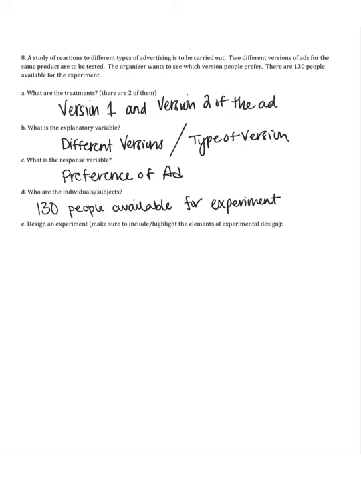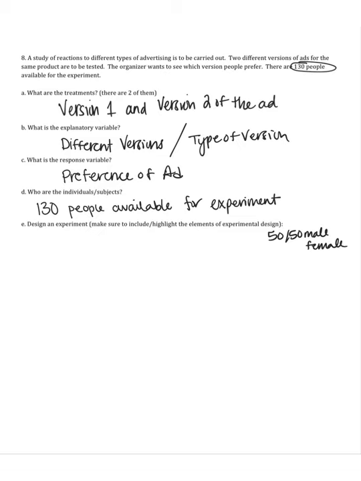And design an experiment, make sure to include and highlight the elements of experimental design. Okay, so answers definitely can vary for this. For purposes of this problem, on your test I would be more specific, but I will let you assume a couple things about this population if you want. You can assume that they're 50-50 male-female.